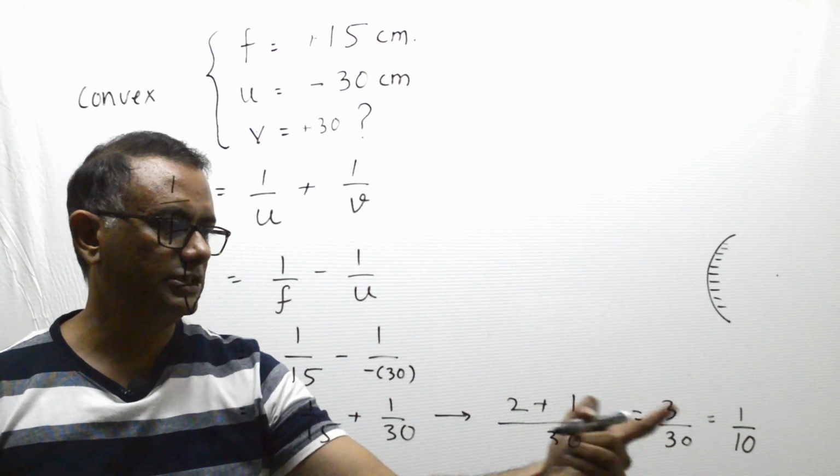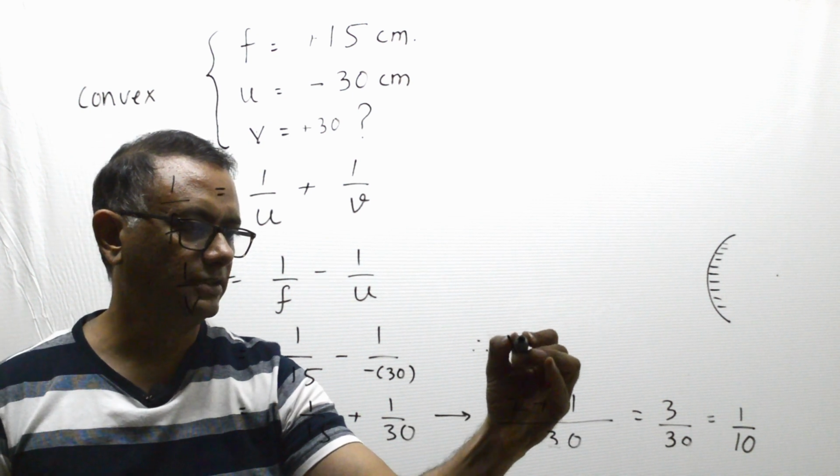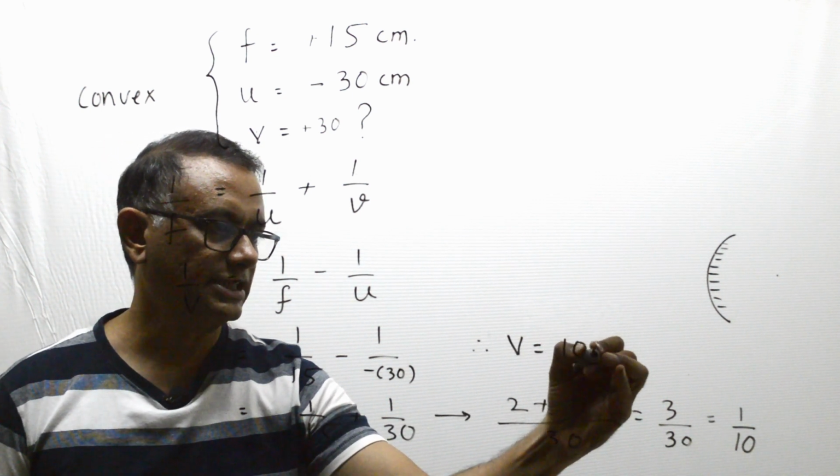Therefore, 1 by V is 1 by 10, which means that V is equal to 10 centimeters.